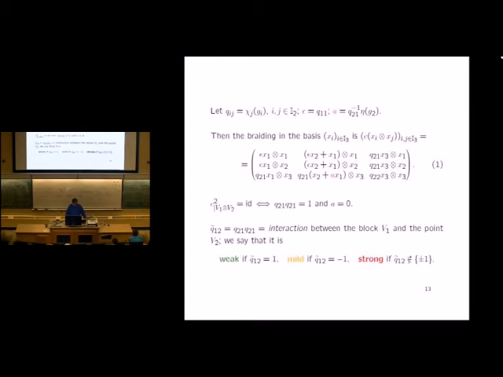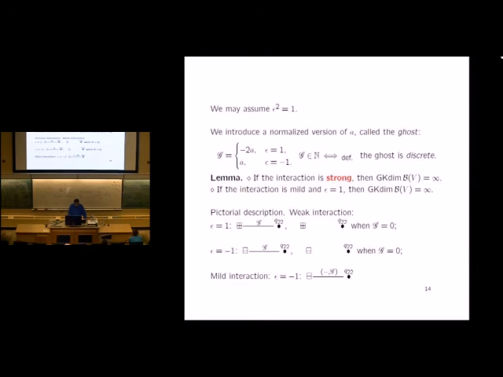And we will call Q12 tilde the interaction between the block and the point. And we will say the interaction is weak if this is 1, mild if this is -1, and strong if it is neither 1 nor -1. And we can assume that epsilon squared is 1.